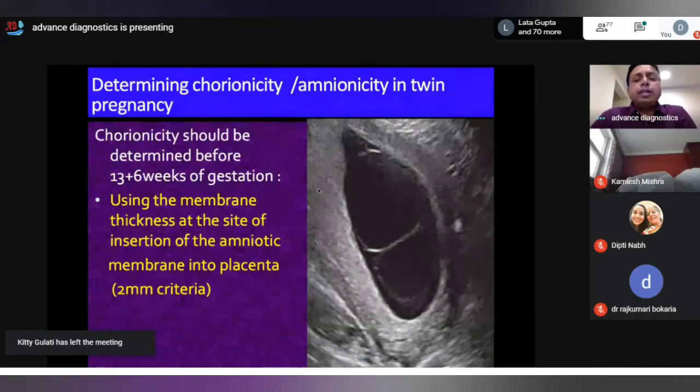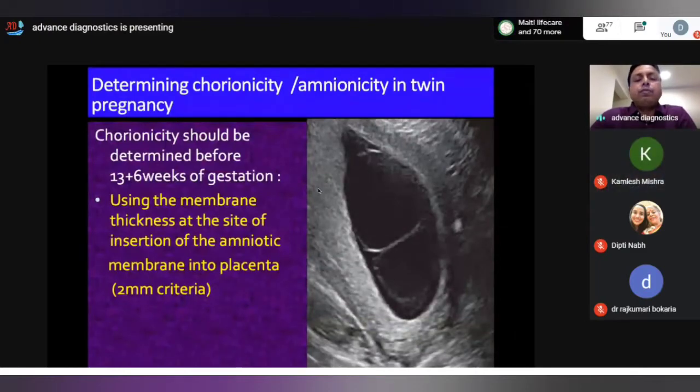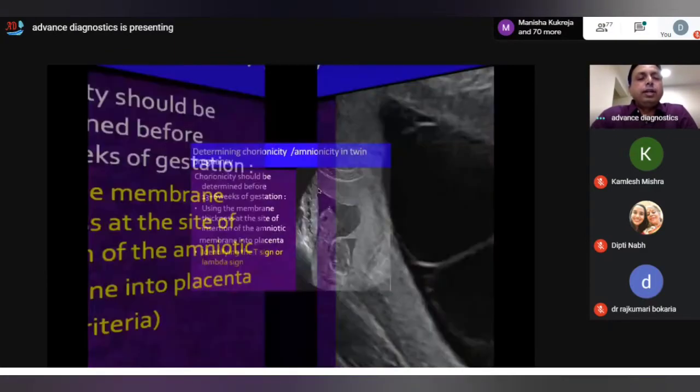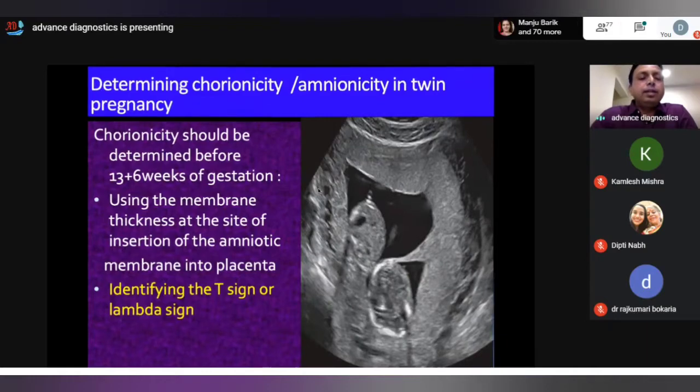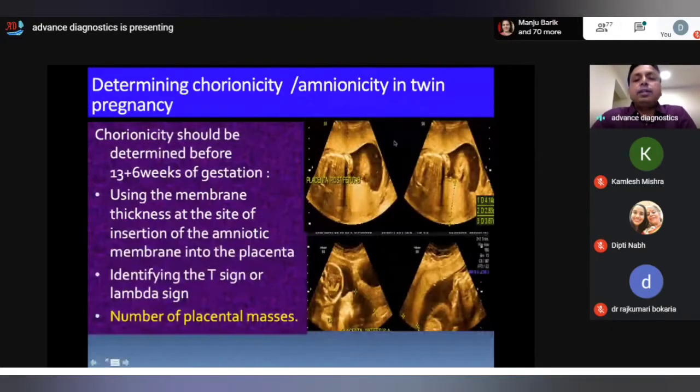They can be diagnosed using the membrane thickness at the site of insertion of the amniotic membrane into the placenta. If it is more than 2 millimeter, it goes in favor of dichorionic, and if it is less than 2 millimeter, then it goes more in favor of the monochorionic. Then there are the T sign and the lambda sign, and if you are lucky, then you will see the two separate placentas, and then the diagnosis is easy.